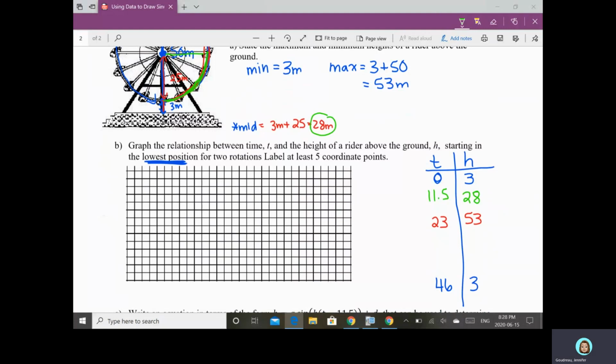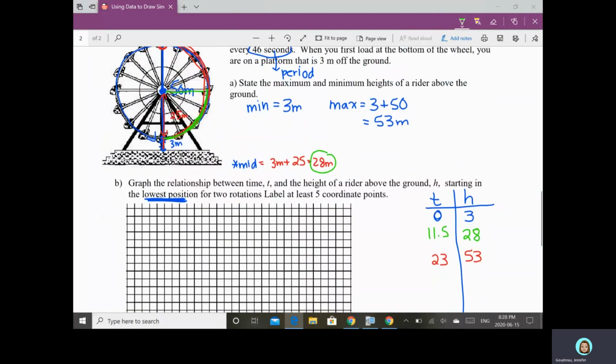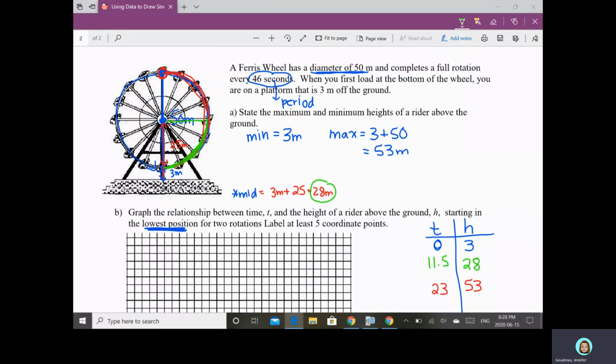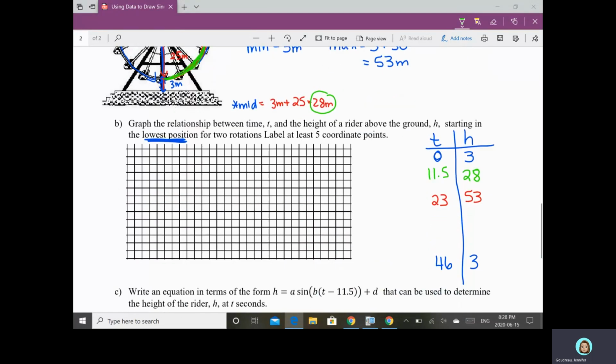It's our midline. And then finally, let's talk about how long it takes to go 3/4 of the way around. 3/4 times 46 is 34.5. We can also start to recognize that the difference between each of our points here is 11.5 seconds. So 0 to 11.5, another 11.5 gets us to 23.